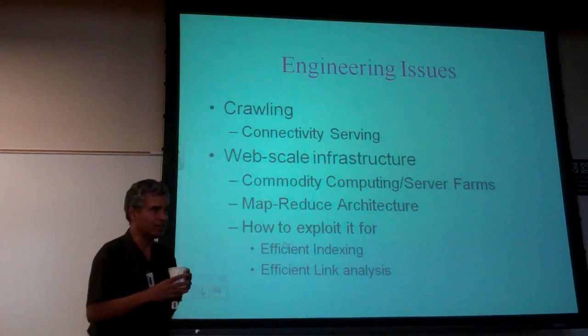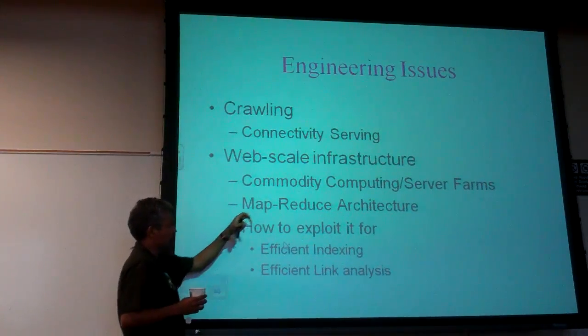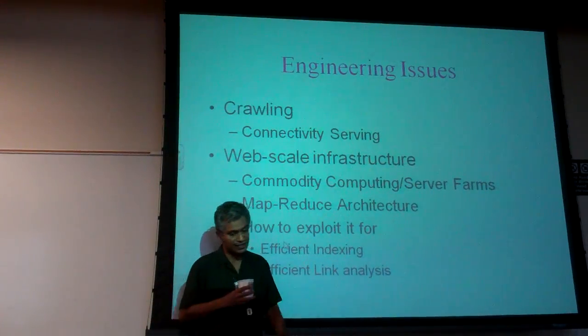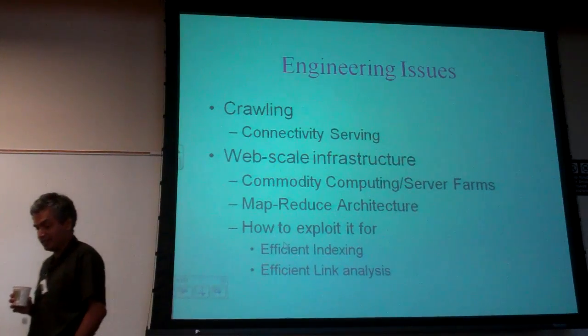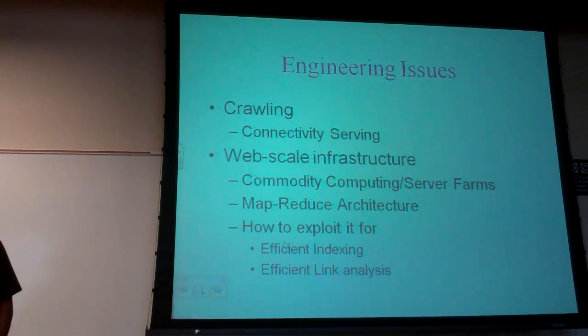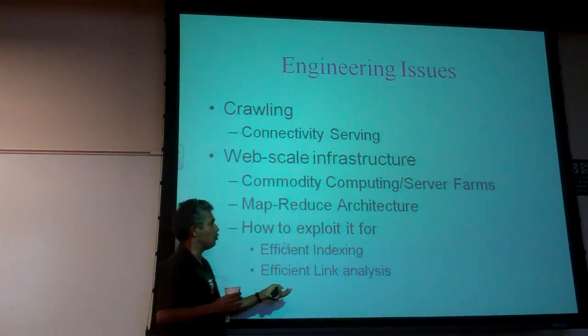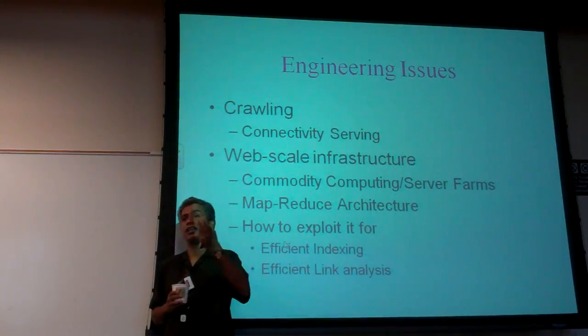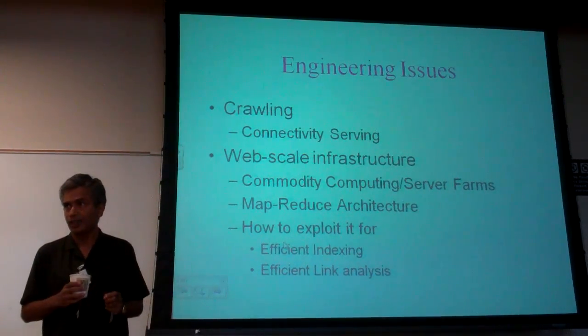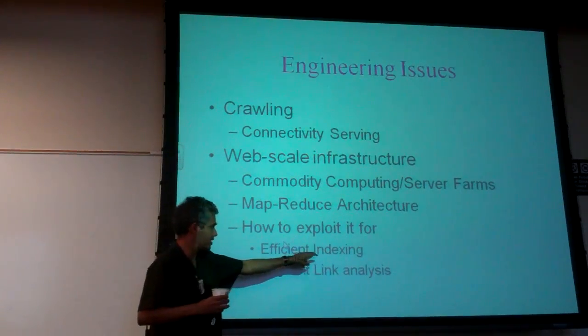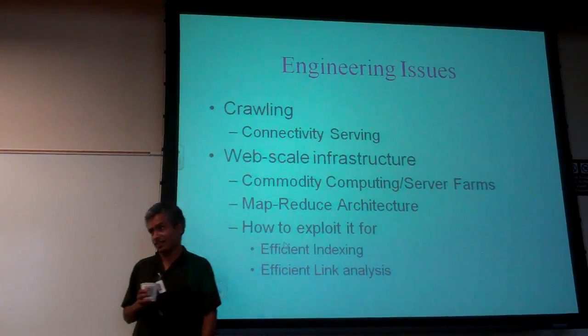Okay, the question is, to the extent all the parallelism right now that's being supported is this MapReduce parallelism, and we'll see why they have chosen that kind of a parallelism to support. There's a good reason for it. Then the question would be, how would you do efficient anything on MapReduce parallelism? And in particular, we'll look at indexing and link analysis.